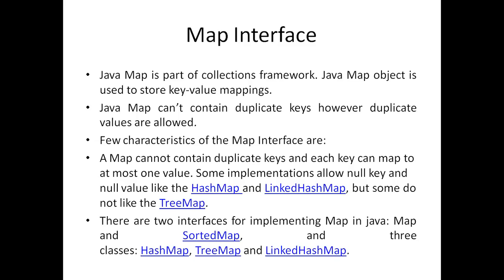Some implementations allow null key and null value, like HashMap and LinkedHashMap, but some do not allow null, like TreeMap. Okay. There are two interfaces for implementing Map in Java: Map and SortedMap. The classes that implement these interfaces are three: HashMap, TreeMap and LinkedHashMap.